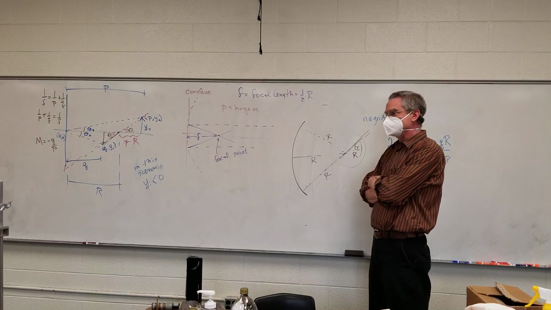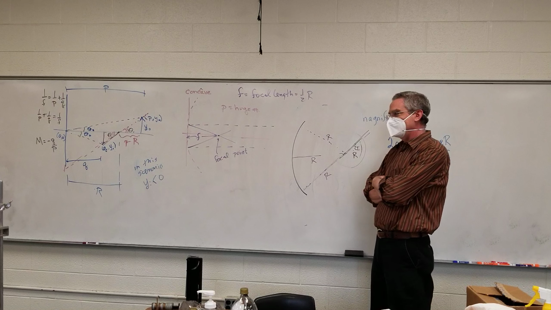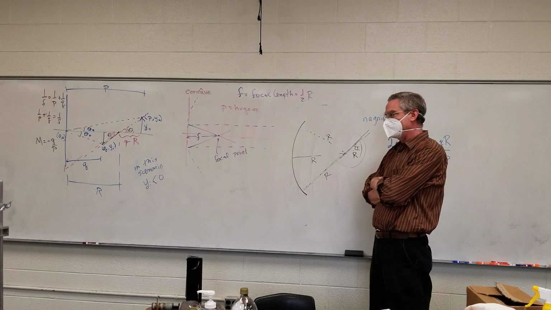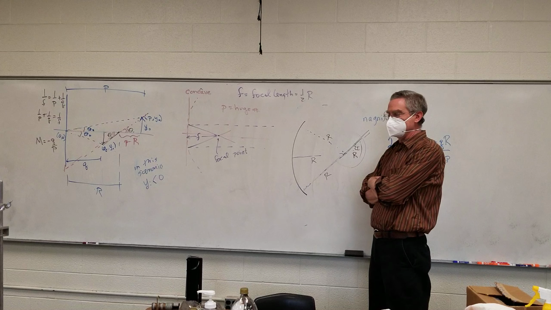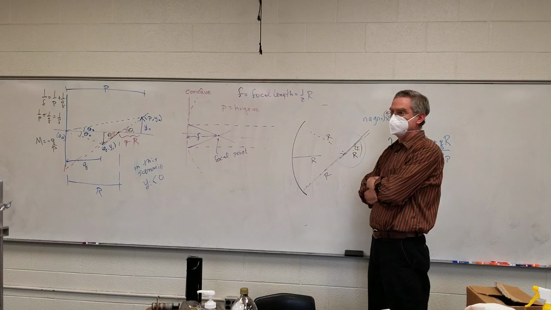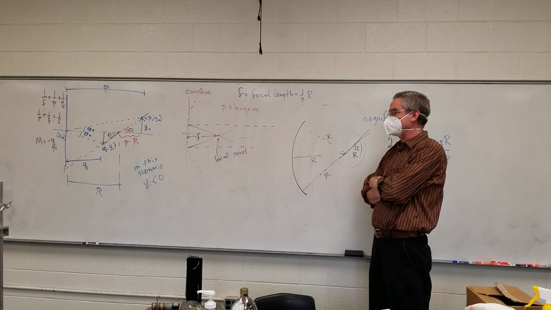In theory, yeah. But the R value is the same distance from any part of the mirror. The R value is completely dependent upon what mirror you're using. It has nothing to do with where the object is at all.